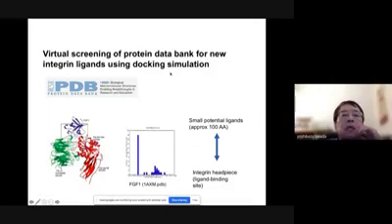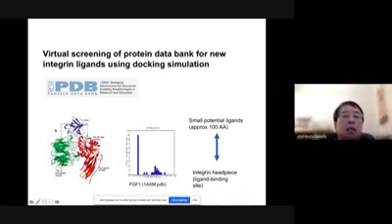The protein data bank contains more than 170 structures, crystal structures. And then I personally picked them one by one, used docking simulation, and screened for potential integrin ligands.